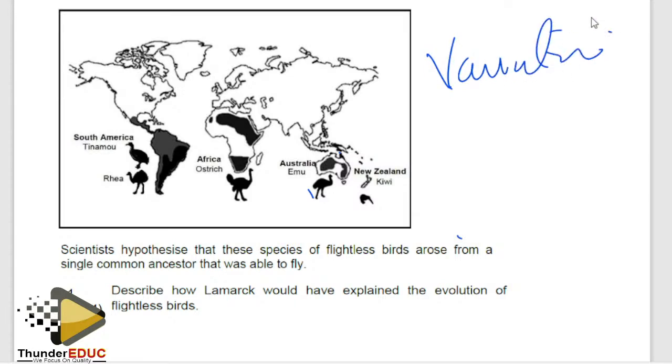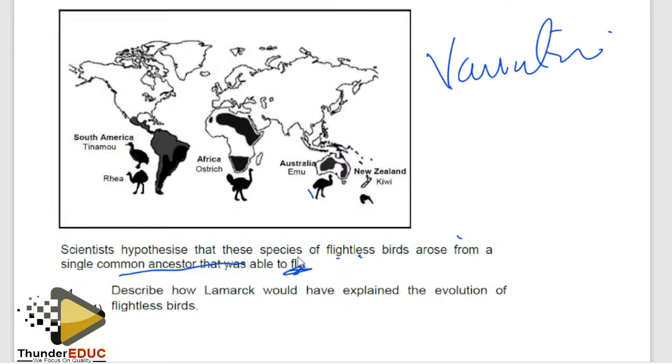There was variation among these birds, those which are able to fly and those which are not able to fly. When you talk about the variation, the first statement must be that there was variation among these flying or flightless birds. Flightless birds arose from a single common ancestor of flying birds.